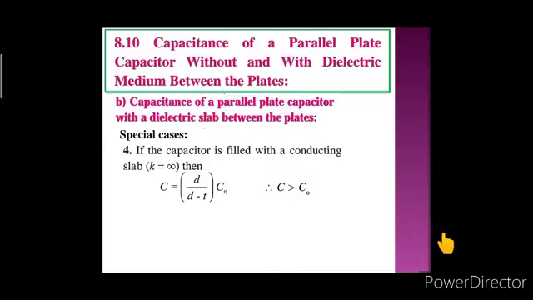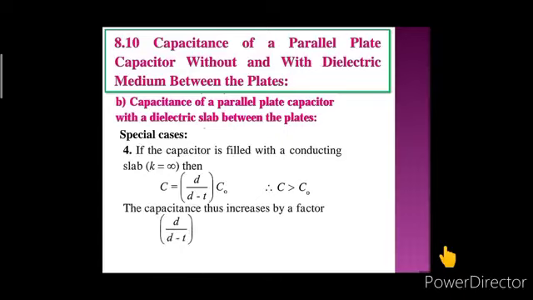Okay. And when the value of K we are writing as infinity there, we are having the relationship between C and C0 as C is equal to K C0 there. So what would be the multiplication factor with C0 we are supposed to write over here. So here we have to write it as d upon d minus t. So when we are writing C is equal to in bracket d upon d minus t into C0, here we are considering the value of K as infinity there.